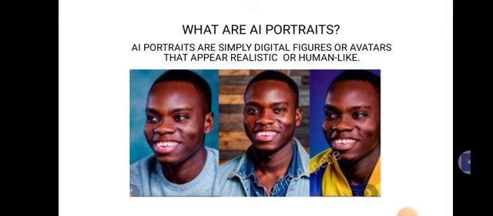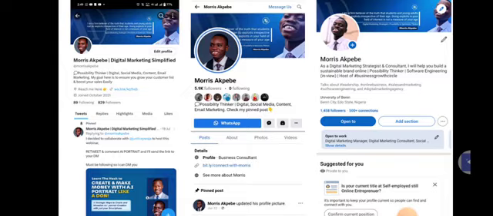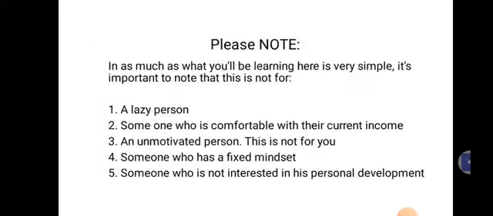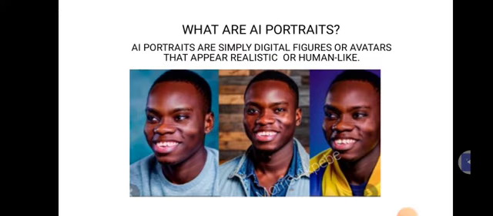You may not know that there is something called an AI portrait generator. From the picture that I showed you, this is me in the studio. Now, if you see that person and you see this person, there's basically no difference.